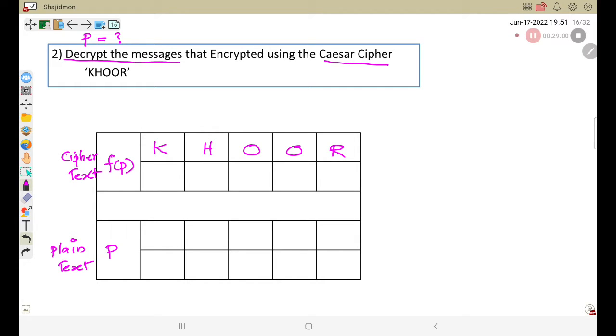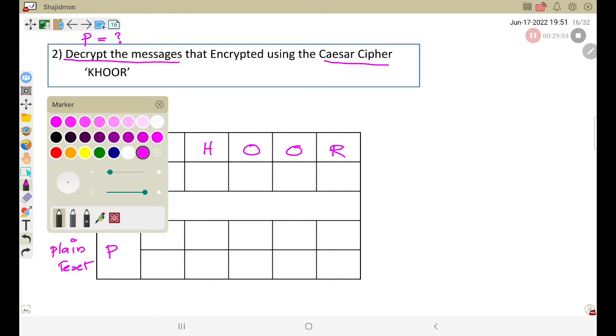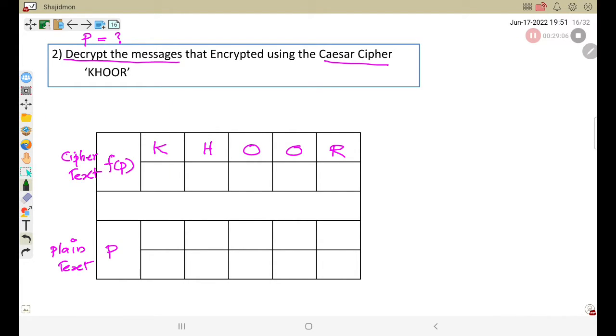We need to change this into the plain text. First change the letters into numbers, as we discussed in that table: K means 10, H means 7, O means 14, again O means 14, R means 17.